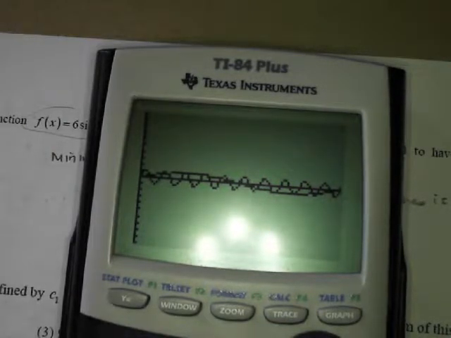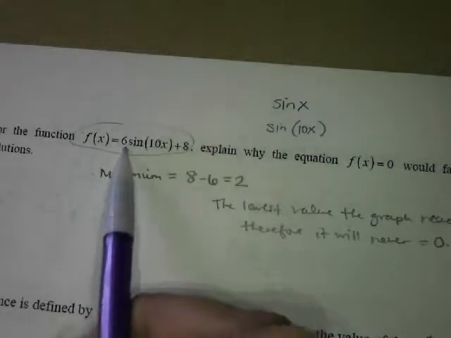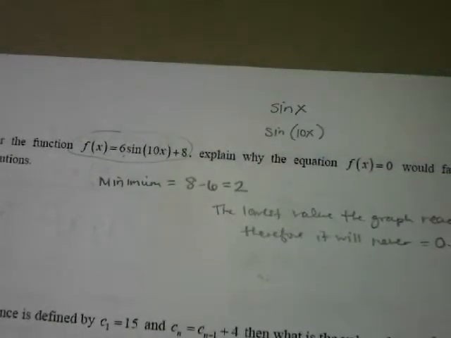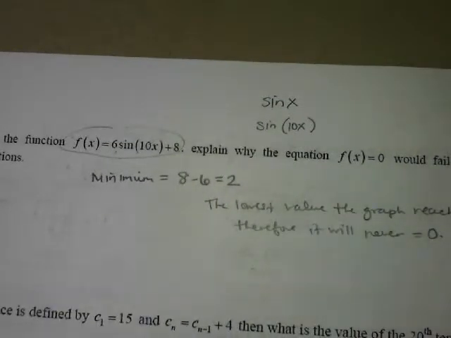Yes? Okay. Same thing with this out front. This stretched the sine curve vertically by a factor of 6, and this shifted the whole thing up 8 units. So conceivably, someone's explanation could talk about that.